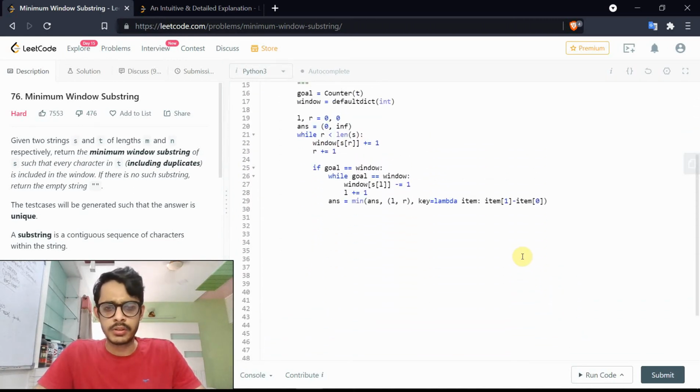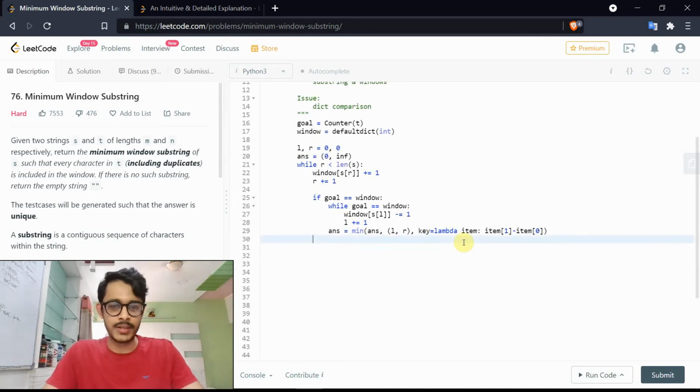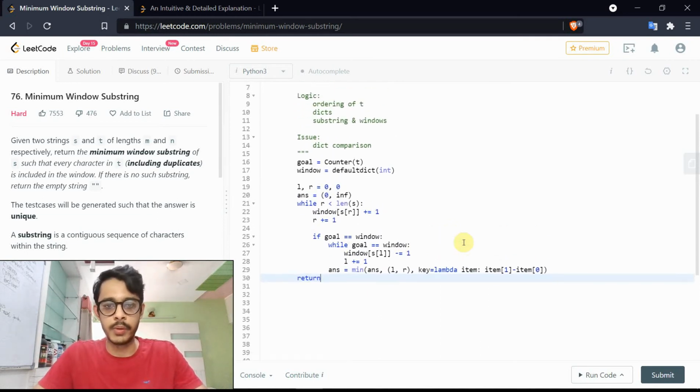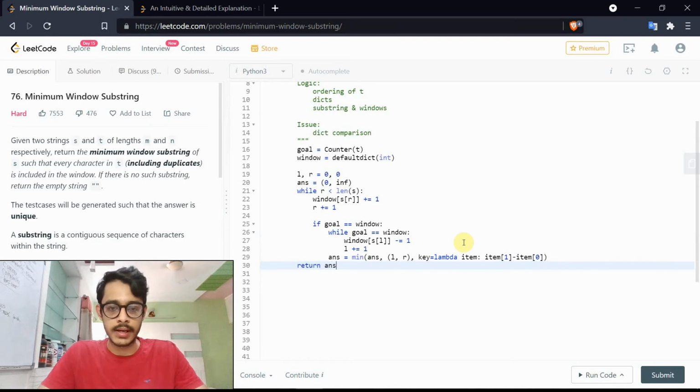Now what's remaining to do is just return this thing and we'll be done. So we'll return the answer. It's not the answer now. We need to access the string of the answer of 0 to answer of 1. Now we can only do that in the case we've found a valid substring. What if we haven't?